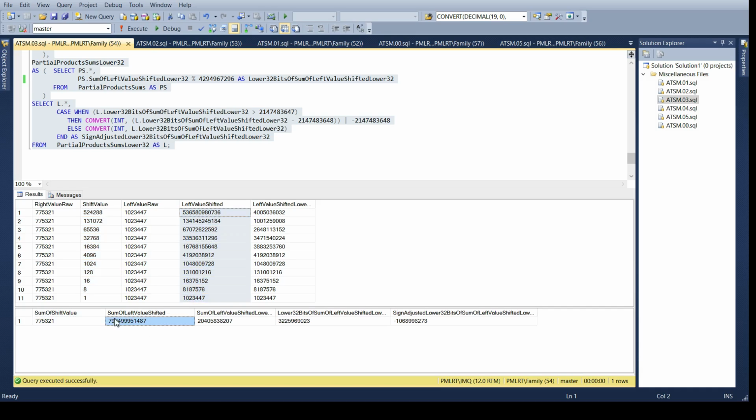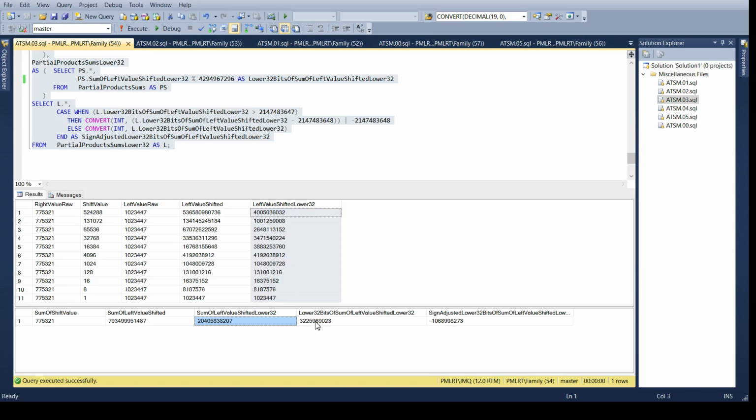And of course here, this is going beyond 32 bits. It's larger than a 32-bit number. So here it is, this is it truncated down to the lower 32 bits. And then this here is the sum of all of these numbers, the lower 32 bits, and this is the sum of all of these, right?